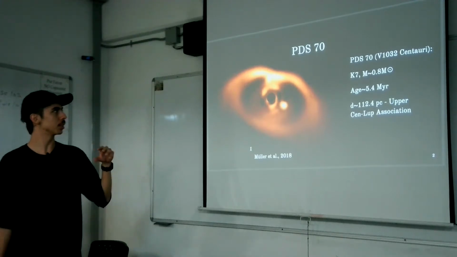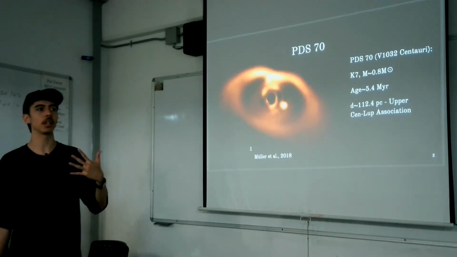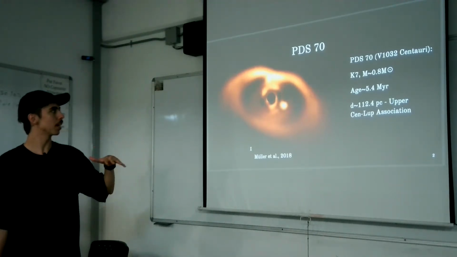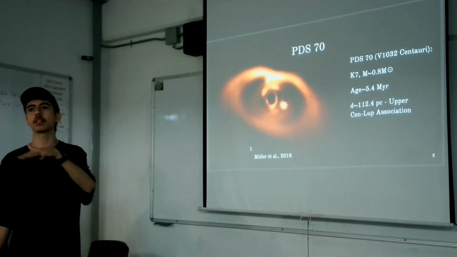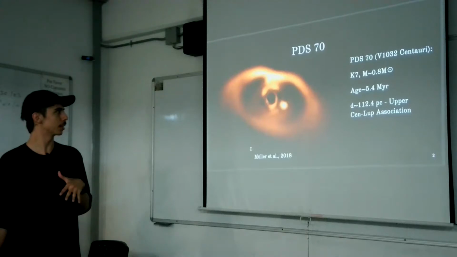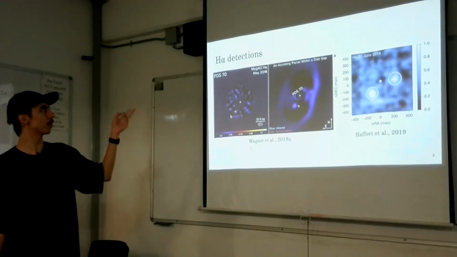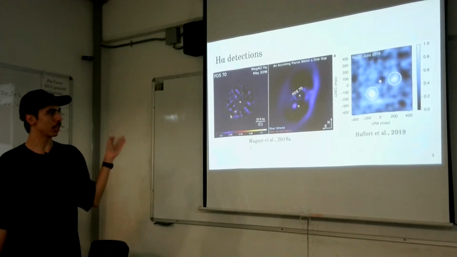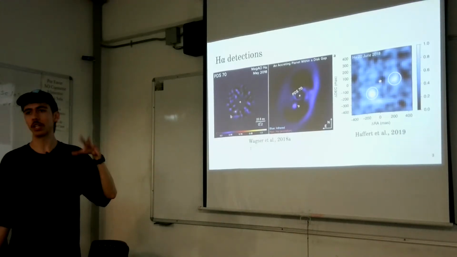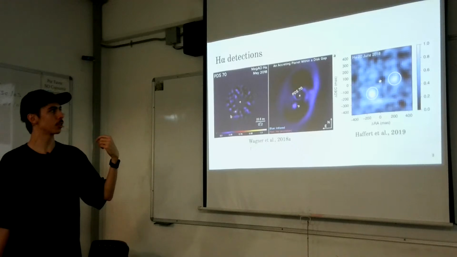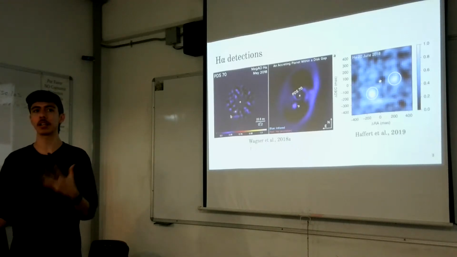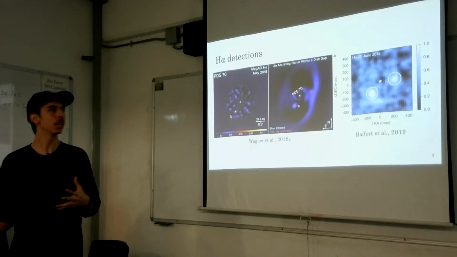So it's a system that had been observed before and had been seen to have this disk with possible protoplanets orbiting in it. It was discovered through H-alpha detections in 2018, and it was reported that they had a couple of protoplanets that were actively accreting material from the disk.